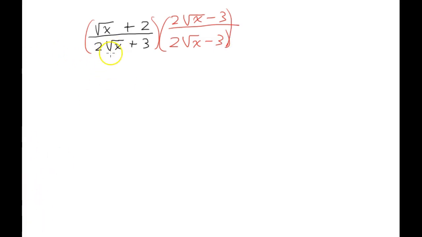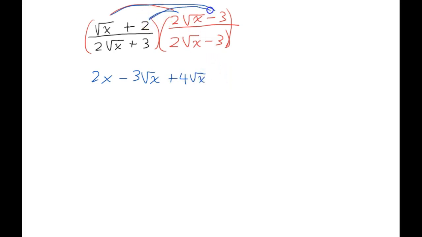I'll show that quickly. We have the square root of x times 2 square roots of x, and that gives 2x. And then square root of x times negative 3 gives negative 3 times the square root of x. And then 2 times 2 square roots of x gives 4 square roots of x.